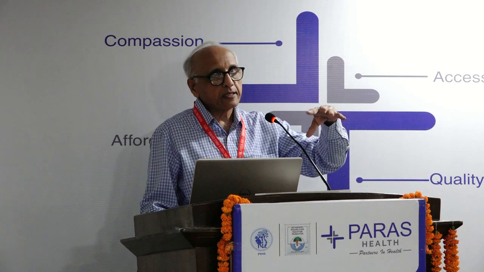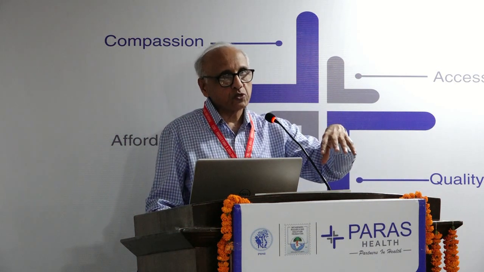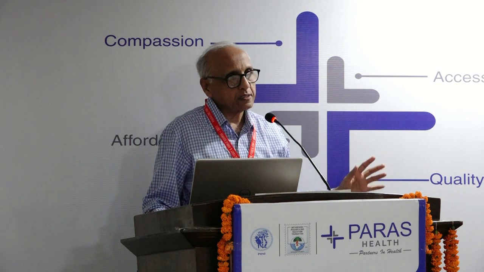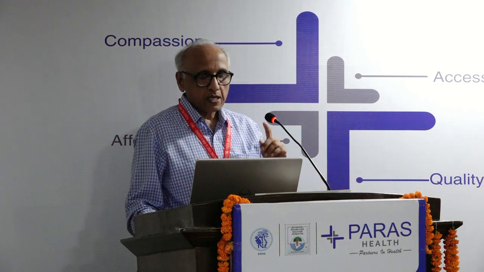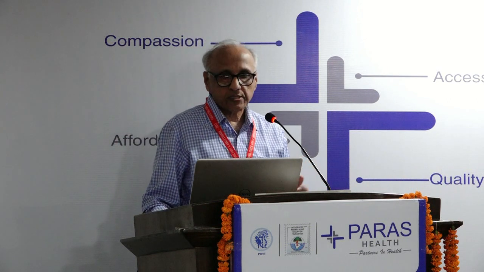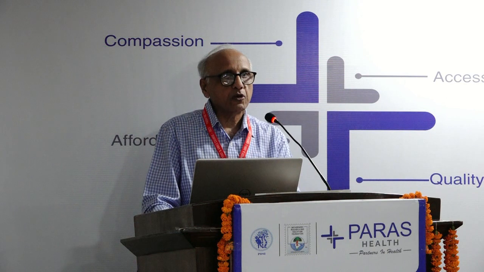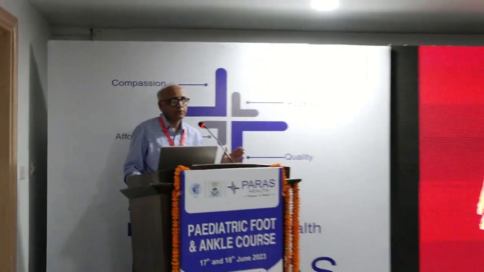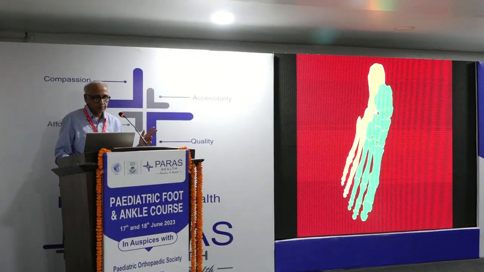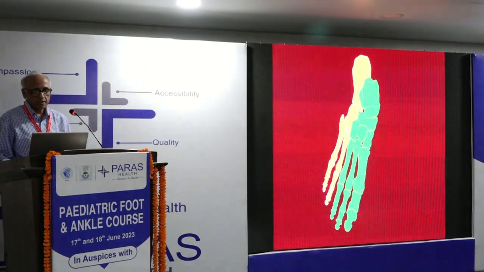Now, lateral column lengthening and the additional procedures which we do will take care of all these components. So we see the foot as two columns, the medial column and the lateral column. On the medial column, we have 3 bones. On the lateral column, we have the 2 metatarsals and the cuboid.